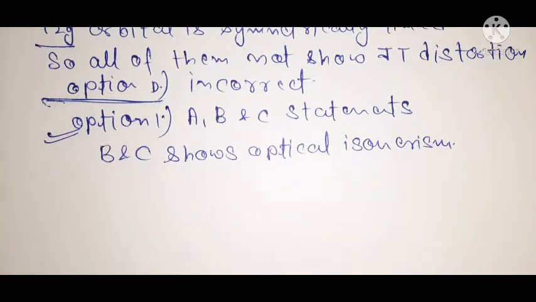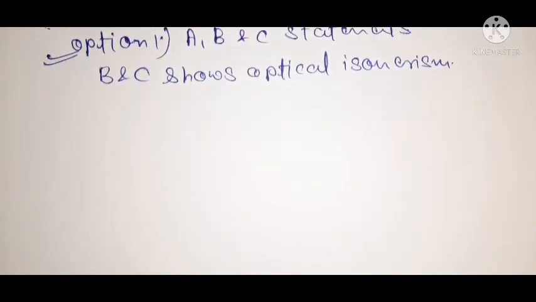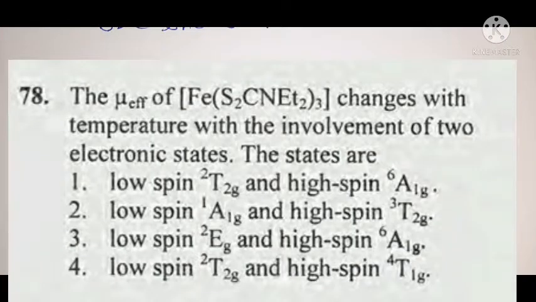Understand? Okay. So now we move towards our next question, and see, it says the mu effective of this complex, that is spin only magnetic moment of this complex, changes with temperature with the involvement of two electronic states. The states are, and we have four options.